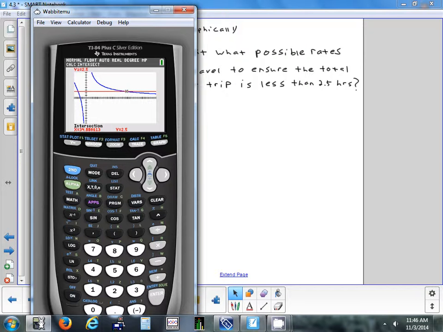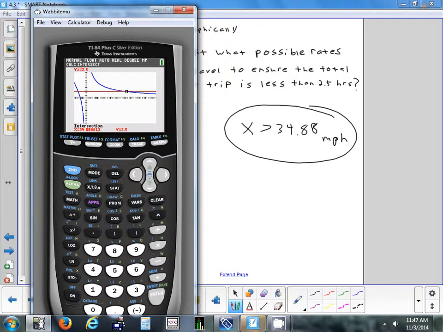So Augustine, can you use your idea that you just said since this is an inequality? Would it be x is greater than or equal to? Would it be or equal to? Well, it says strictly less than. It doesn't say less than or equal. So x is greater than 34.88. So if she travels at any speed faster than 34.88 miles per hour, she'll complete the trip in less than 2.5 hours.